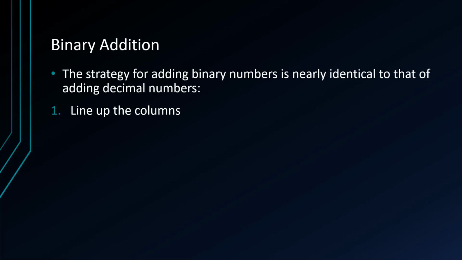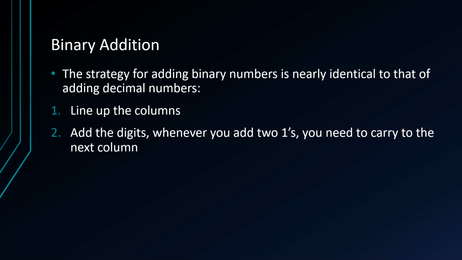Whenever you exceed the maximum size of the column, so for example, if we ended up adding, let's say, 6 and 5, that would be an 11. We can't fit an 11 in a single column. So we keep the right digit and we carry the left digit to the next column to be part of that one.